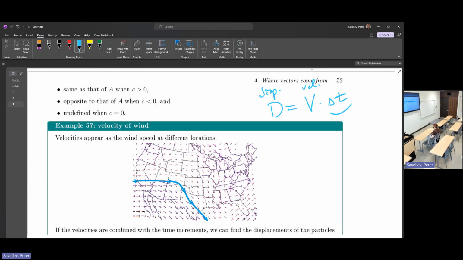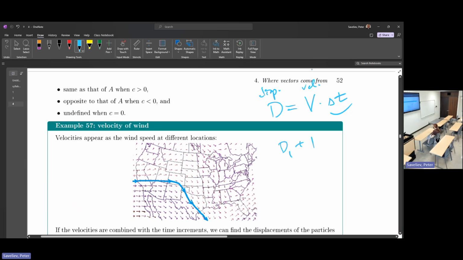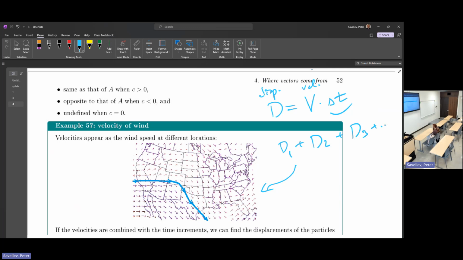In which case you don't need velocity, you need displacements, and so you multiply v by delta t. The smaller delta t, the more accurate your prediction is. Then you do what we have done: d1 plus d2. Once these are computed, we can go on and trace the predicted path of the balloon through this map.